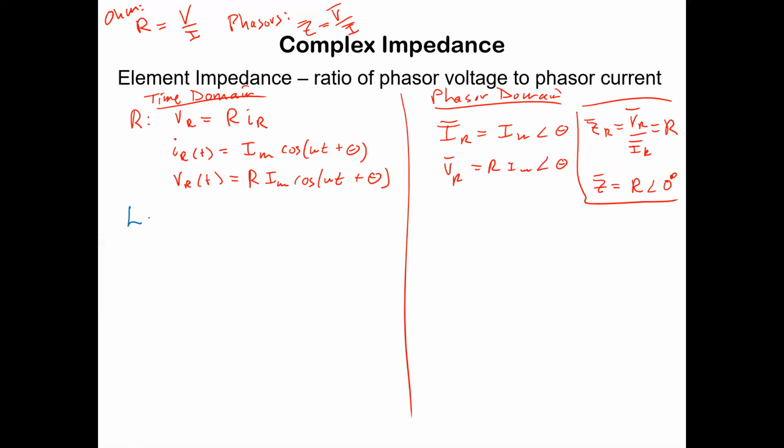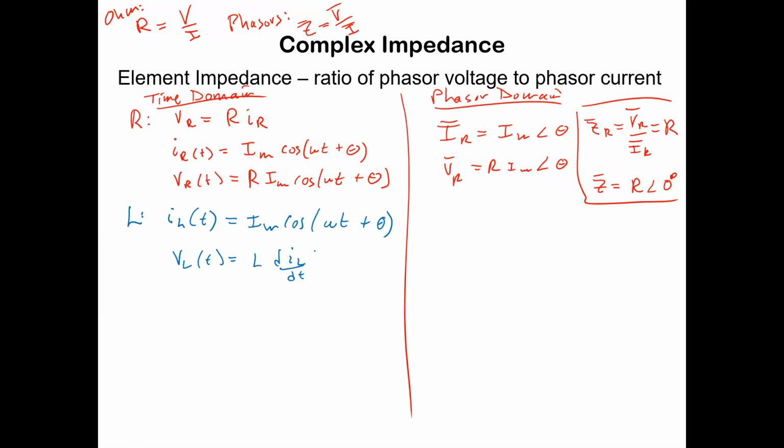So that's just saying what we already kind of know. With inductors, it's different because now we have that differential relationship, which gives us a j omega. So IL of t, if you hit an inductor with a sinusoidal current, Im cosine of omega t plus beta, well, we know if we want to find the inductor voltage, that's going to be L times the derivative of the current.